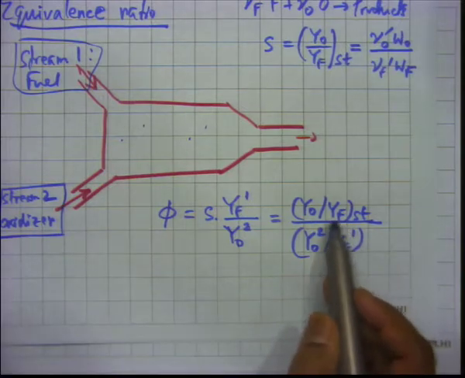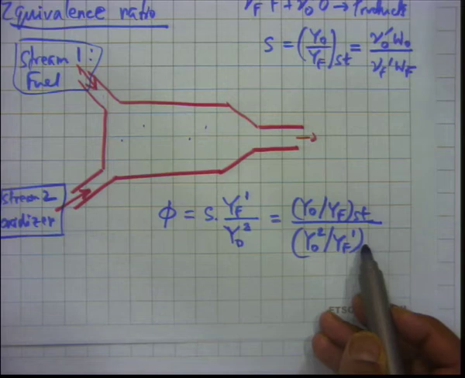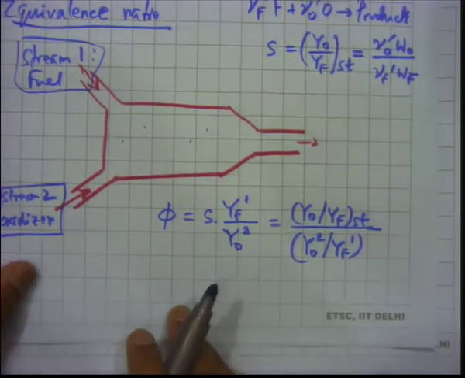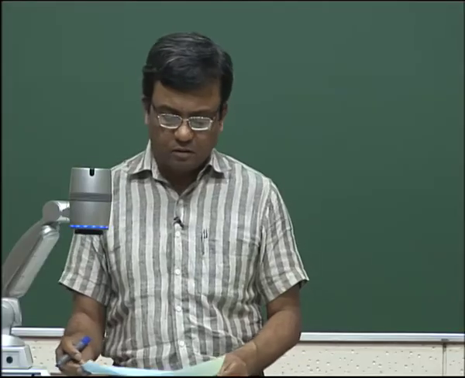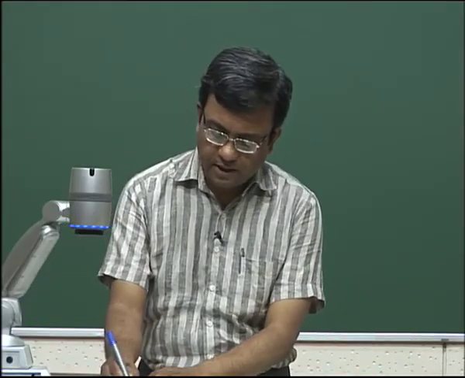So this is an oxidizer to fuel ratio stoichiometric divided by oxidizer to fuel ratio actual. So this is phi.